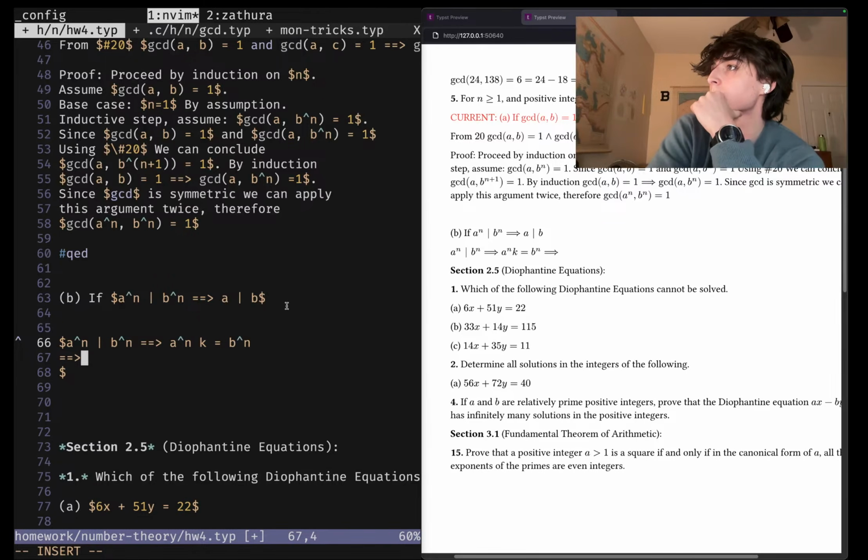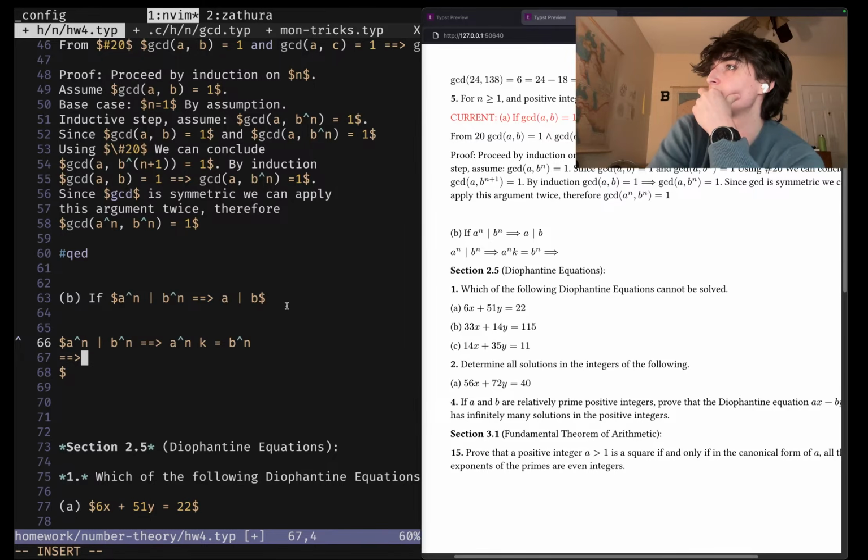Right. What kind of other results have you seen so far? It's just been GCD stuff. Maybe we can use something. Some kind of GCD thing. Yeah, I mean, we have seen a lot of the properties of GCD.